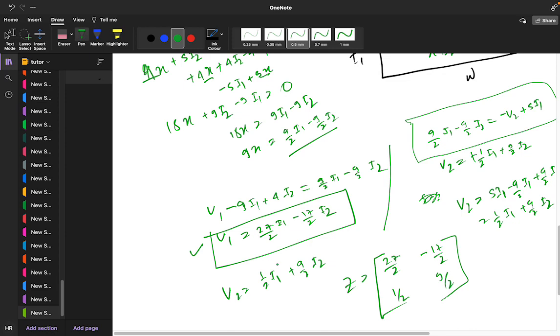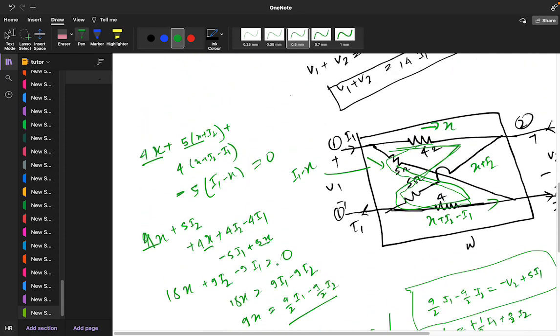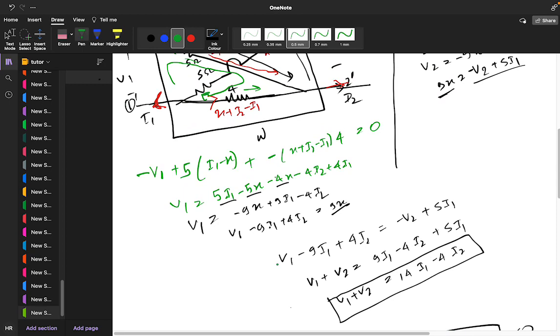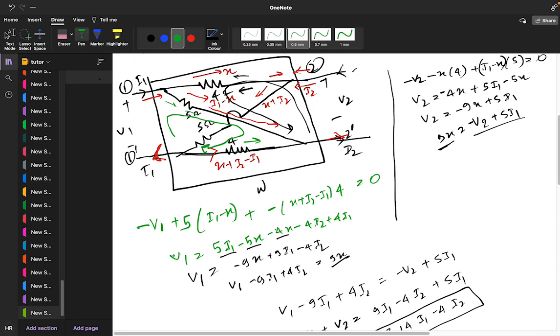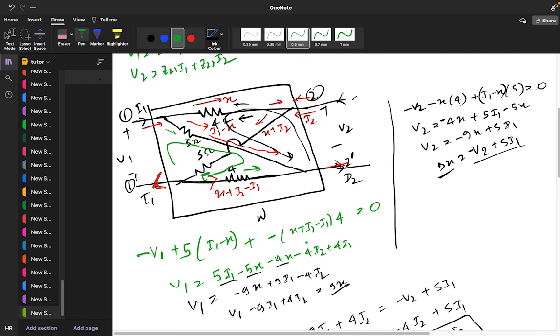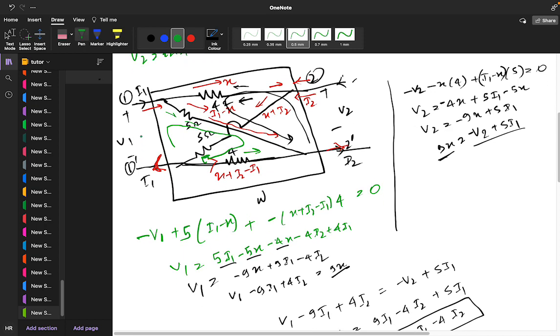That is okay. Guys, do one thing. Just check the V1 equations, whether we formed the equation right or wrong. This V1 equation: minus V1 plus 5 (I1 minus x), and minus x plus (I2 minus I1) into 4 is equal to 0.